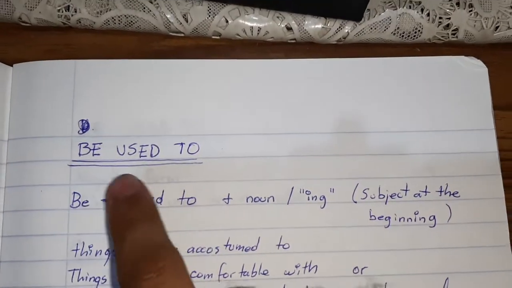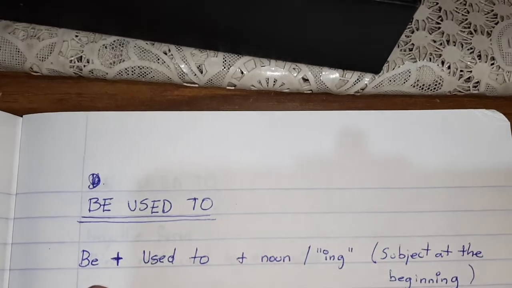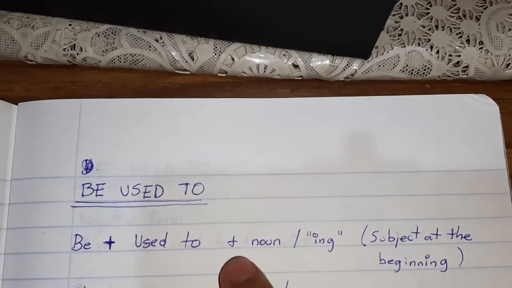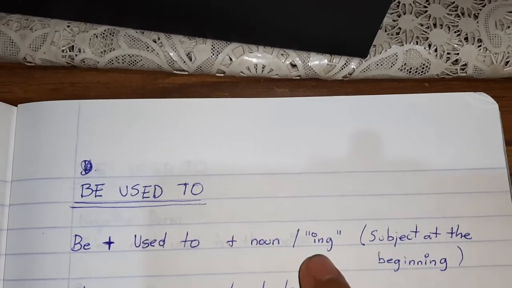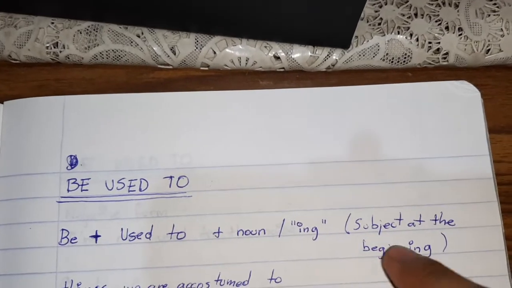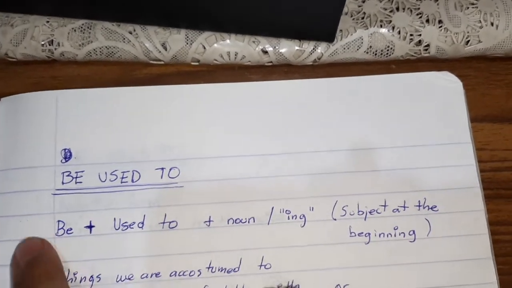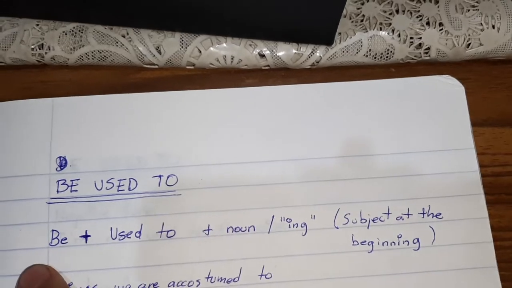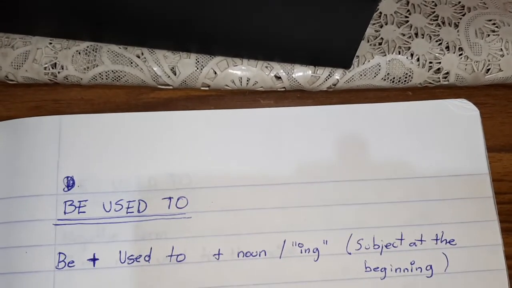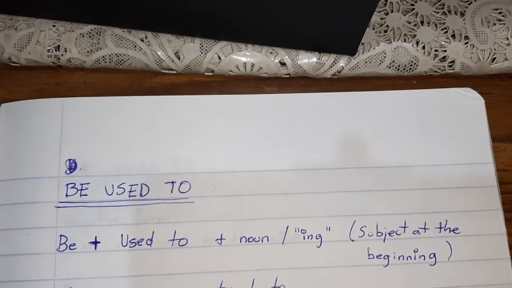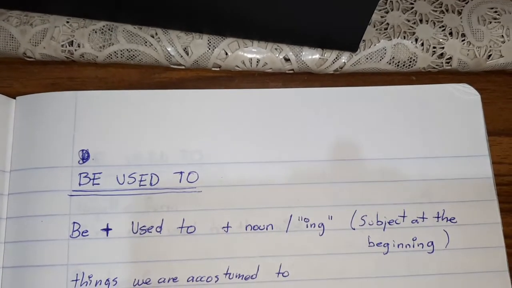Well, here we have be used to, and the structure is be plus used to plus a noun or the verb with the ing form. And remember to put the subject at the beginning of the sentence. It could be a little bit confusing, but you will get it. It's not too hard to understand.